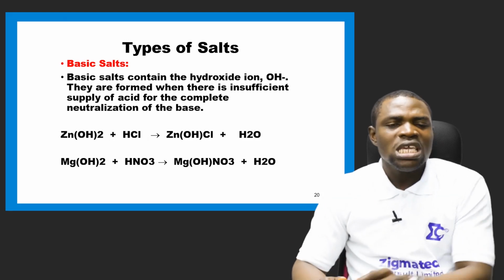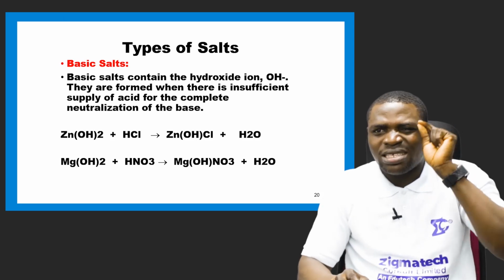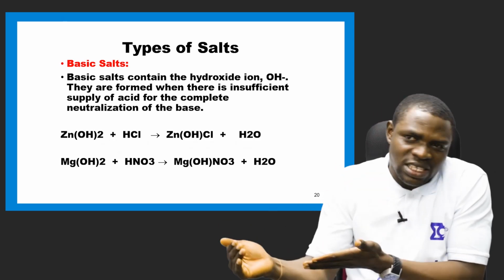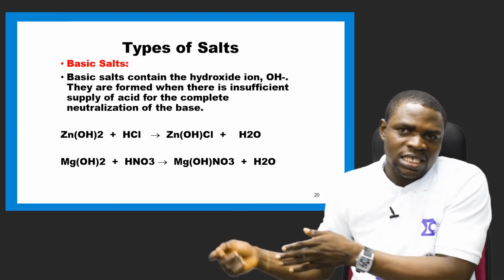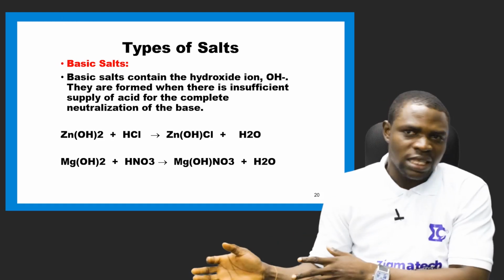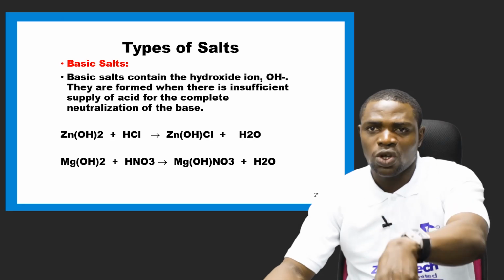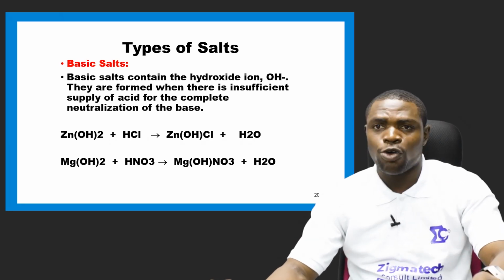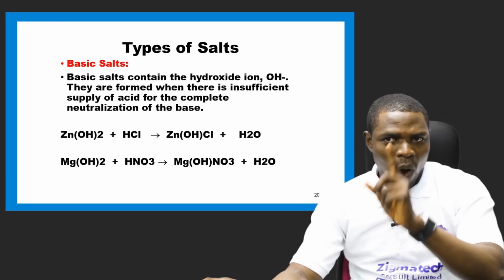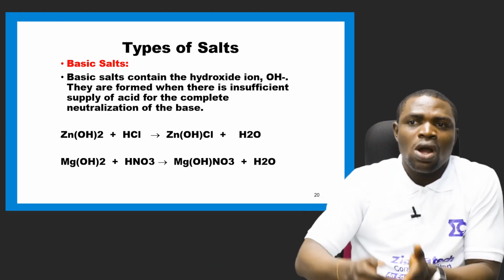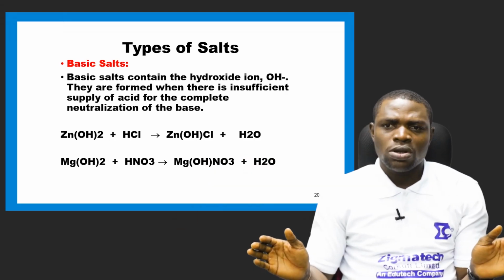If there is a less quantity, if there is a deficiency or insufficiency in the amount of the acid or base you are using for chemical synthesis, you will not be able to get your result. However, if any salt is formed, it means such salt will be basic. Why? The reason is because you have more hydroxide ion than hydrogen ion. It's very, very simple.